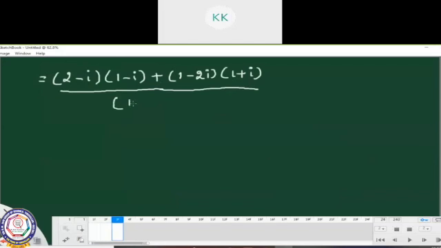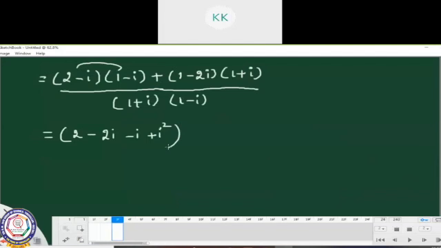When we multiply the numbers, 2 ones are 2, minus 2i, minus i, plus i square.